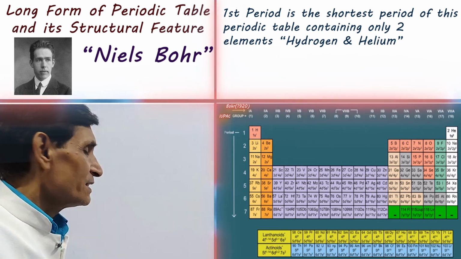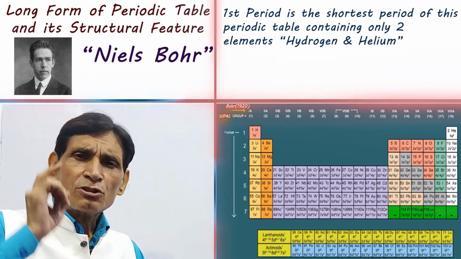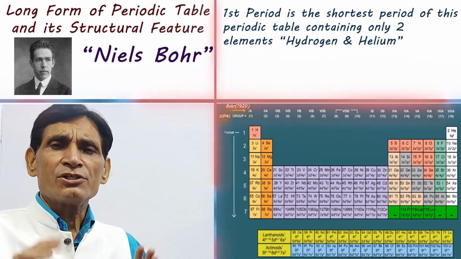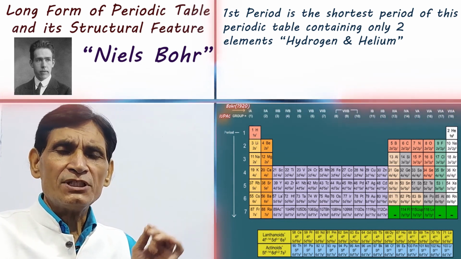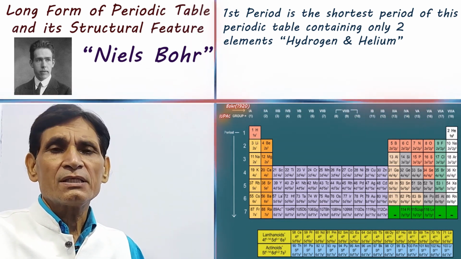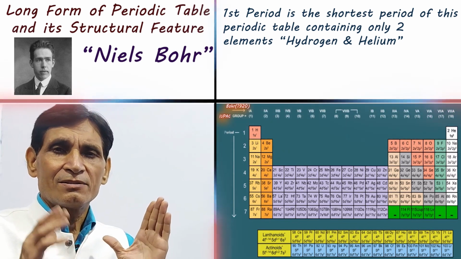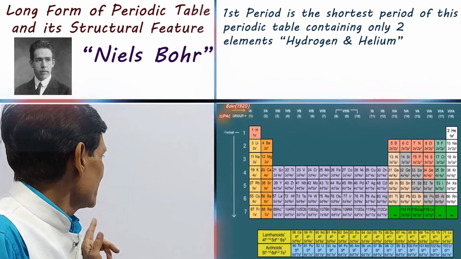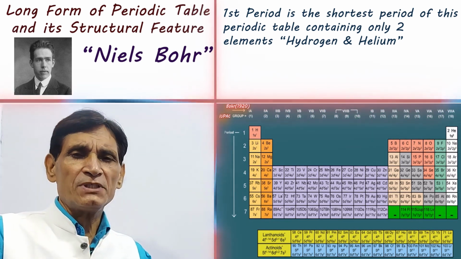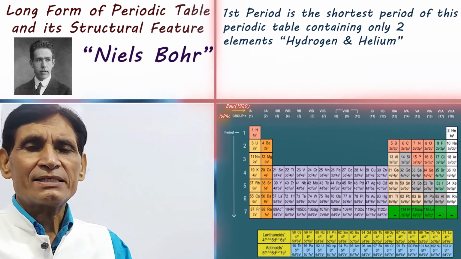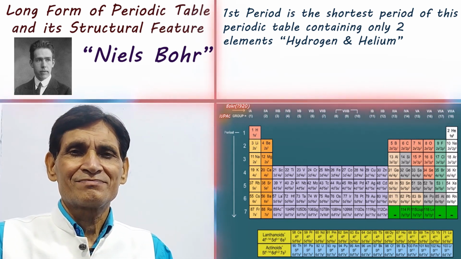Next, the second and third periods are both called short periods. Each of them has 8 elements. Next, the fourth period is called a long period. It contains 18 elements.